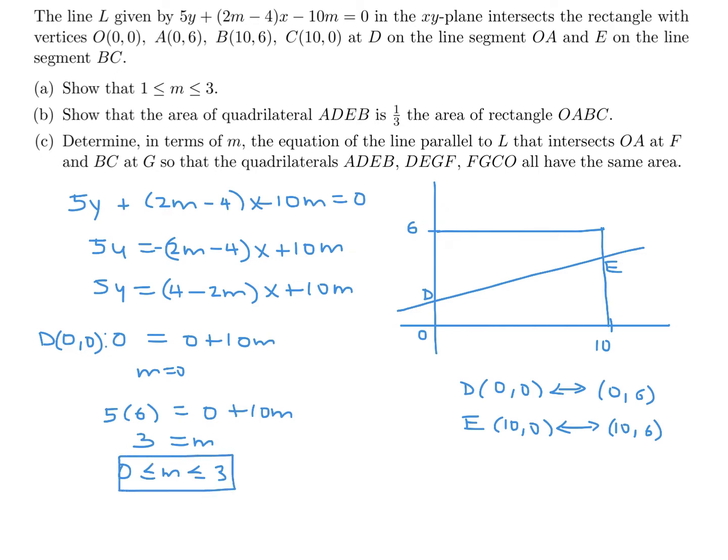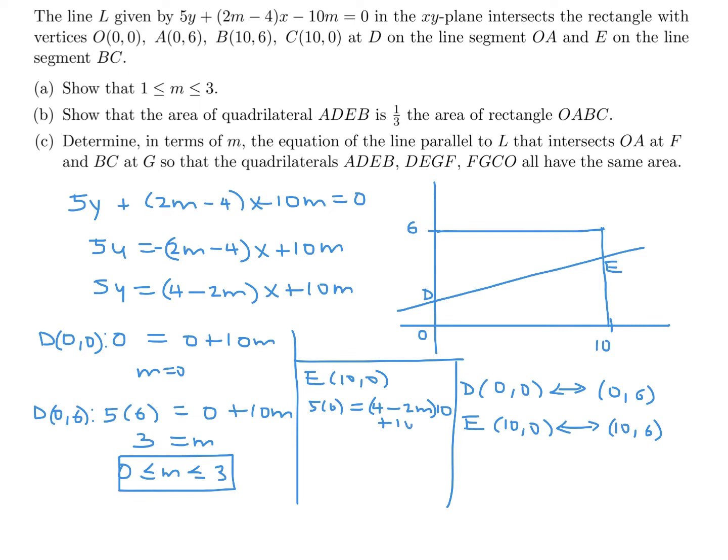Now we have to figure out the same sort of thing, but this time for E. That was, of course, for D equals (0, 6). When E is (10, 0), again using the same equation, what do we get? 5 times 0 is equal to (4 minus 2m) times 10 plus 10m.